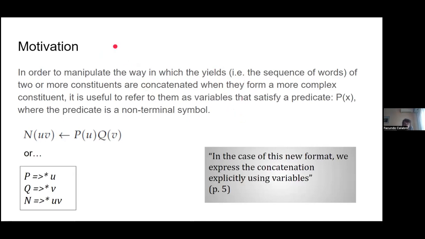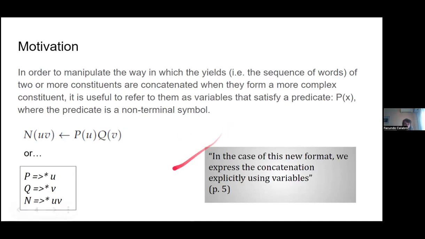But on the other hand, and more importantly, this is helpful because it helps us manipulate the way in which the yields of two or more constituents are concatenated when they form a more complex constituent. So it is useful to refer to them as variables that satisfy predicates, where the predicate is a non-terminal symbol.